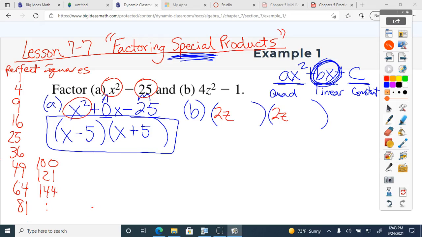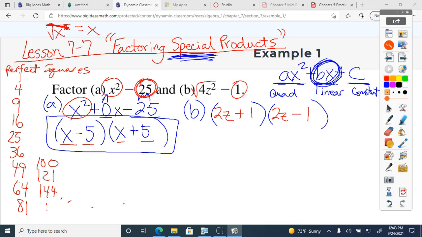The square and the square root cancel, and you're just left with x. So I put x and x right there and right there. What's the square root of 25? 5. I put minus 5 and plus 5. I'm doing the same thing over here. I'm taking the square root of 4z squared, which would be 2z. Write it twice. The square root of 1 is 1. Plus 1, minus 1. I'm done.